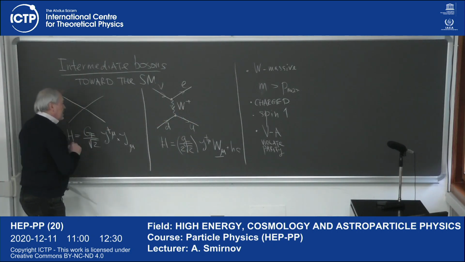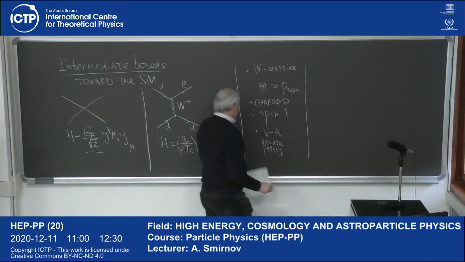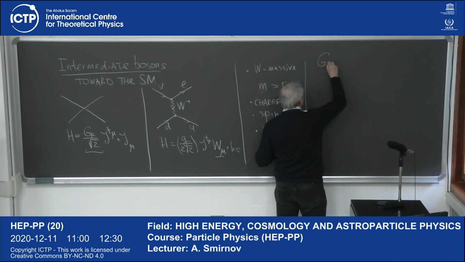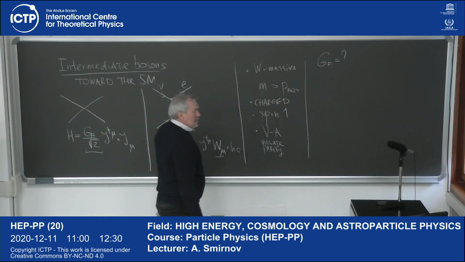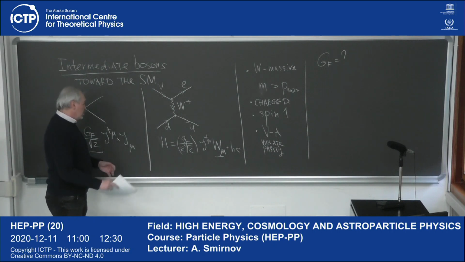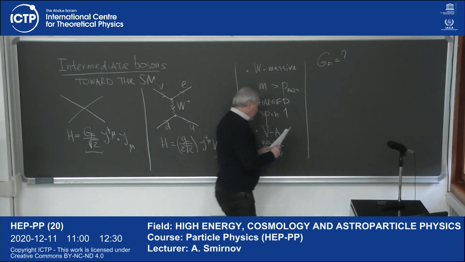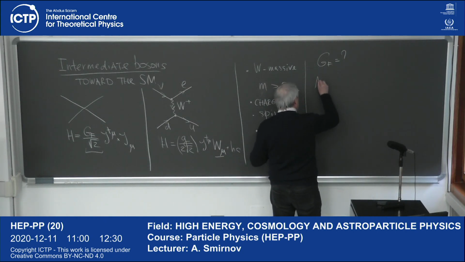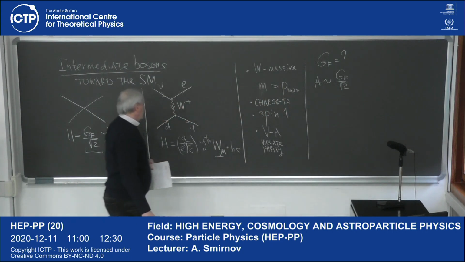Now, having this more fundamental theory, we can give an interpretation of what is G Fermi. We can use comparison of the amplitudes computed with this Hamiltonian and with this one. In the case of four-fermion interactions, the amplitude is proportional to G Fermi over square root of 2.